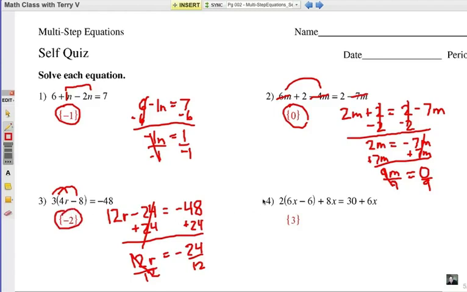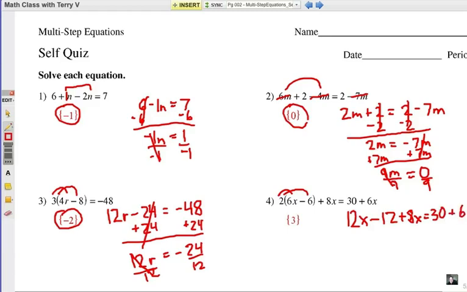Number 4 tests our ability to figure out the starting point here using the sequence that I had in the previous video. Well, obviously we're going to have to do the distributive property first, so that's 2 times 6x and 2 times 6, keep the negative sign or subtraction sign there, plus 8x, just bring that down, equals 30 plus 6x.